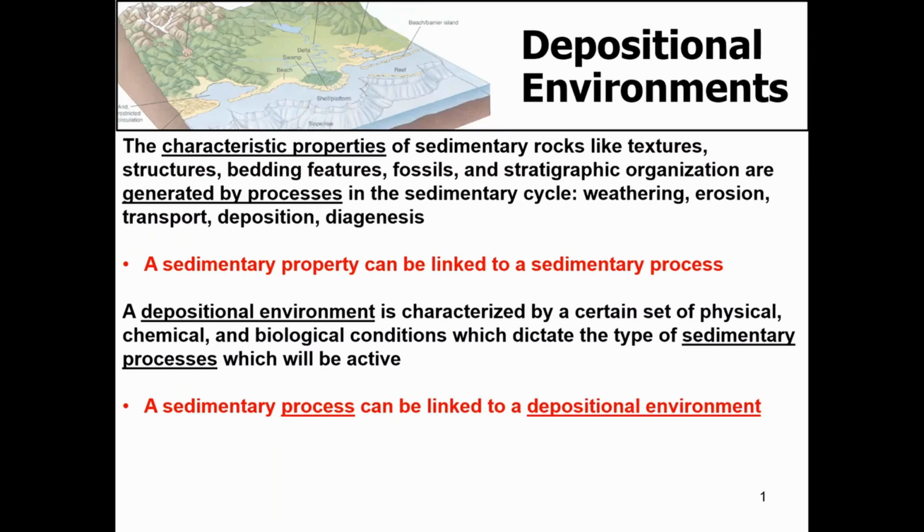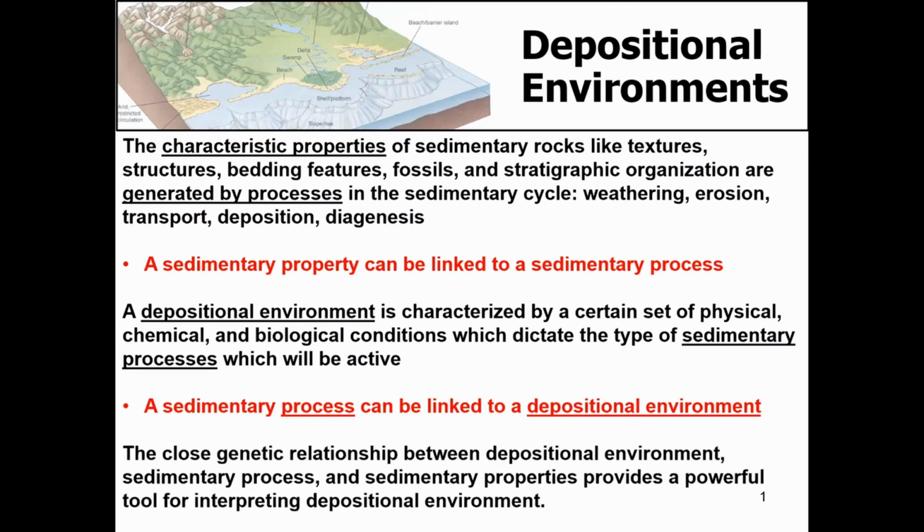So the depositional environment decides the depositional process, and the process is gonna decide the depositional properties. They are all linked. Therefore, we can use the depositional characteristics of sedimentary rocks to interpret the depositional environment.